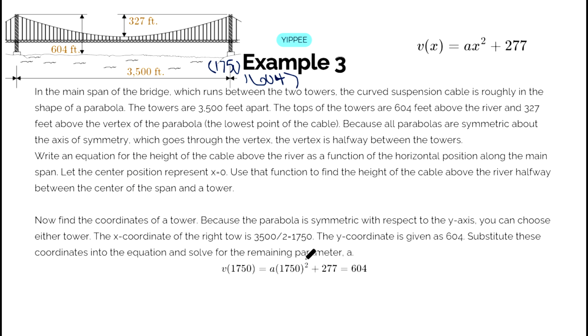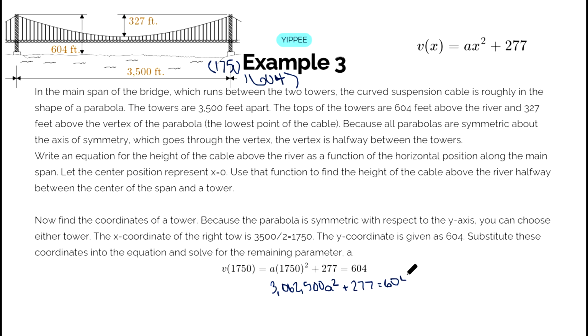So 1750 squared, let me get my calculator up again. 1750 times 1750 is a big old number. This becomes 3,062,500 a squared, don't lose any of those pieces, plus 277 is equal to 604.